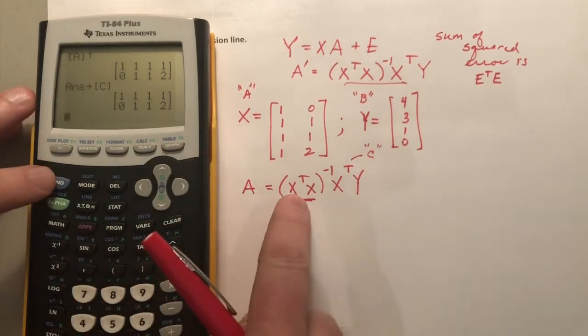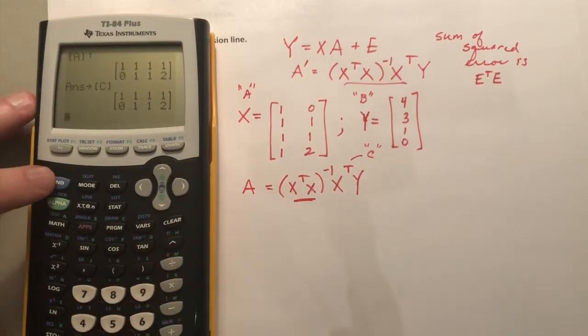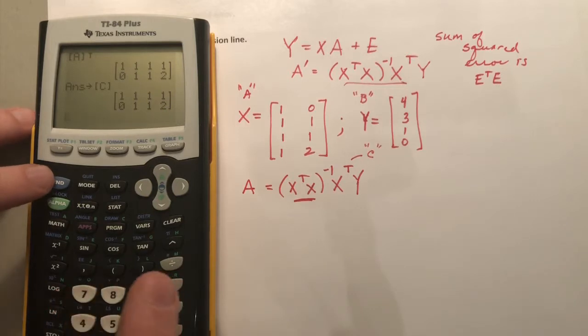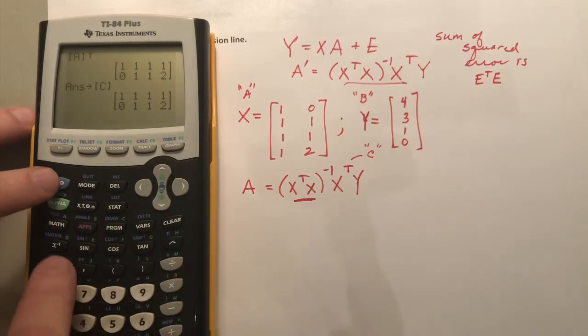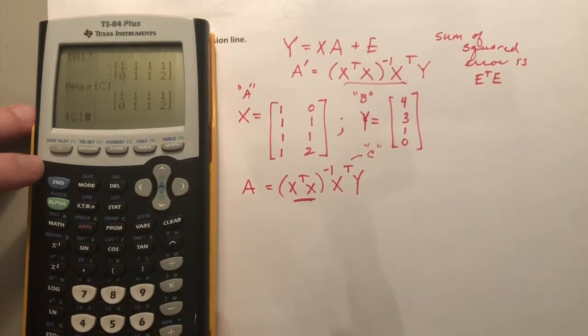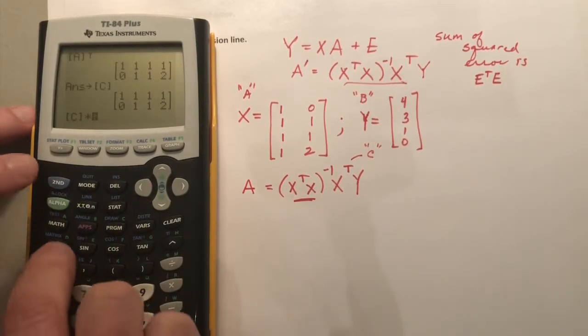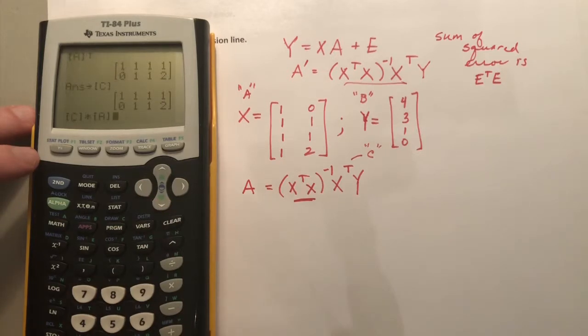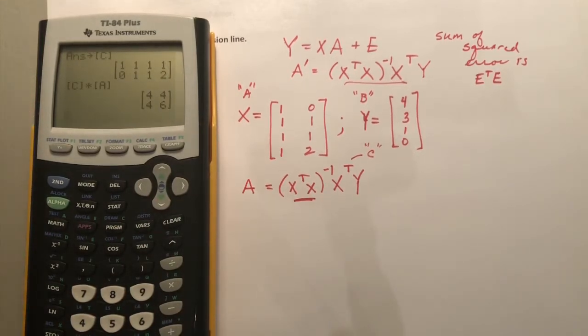All right, now I'm ready to do the fancy work. I have to multiply X transpose by X, so that's going to be C times A according to our notation. So C times A, and that is what's in my memory. And if I just take the inverse of that, answer inverse, then I end up getting what I can work with.